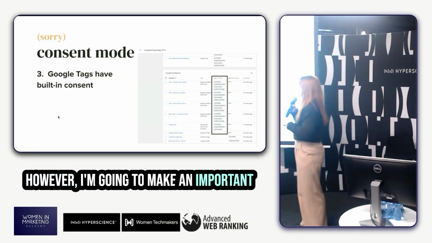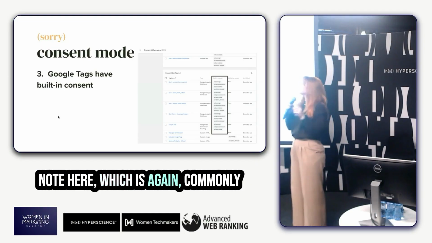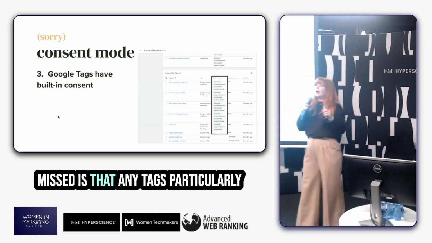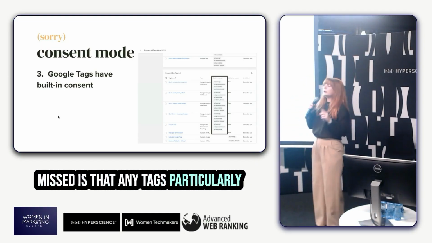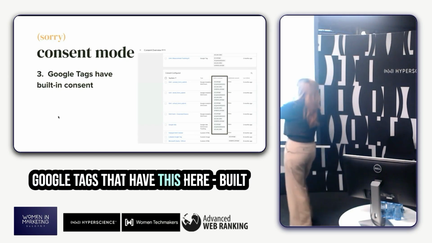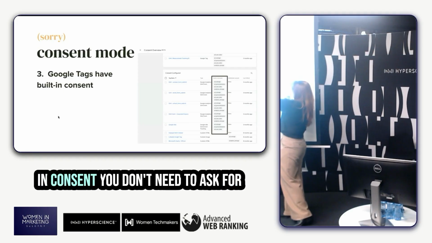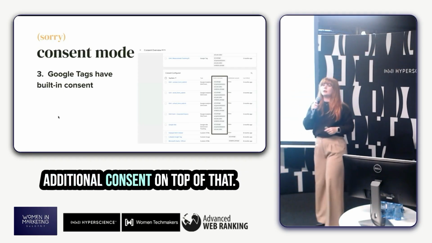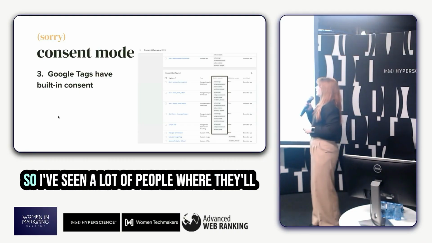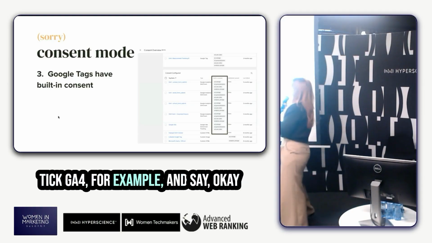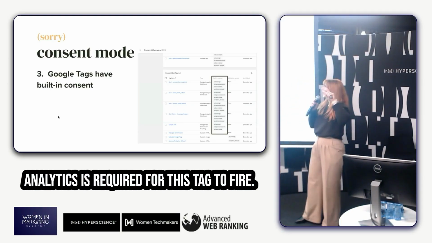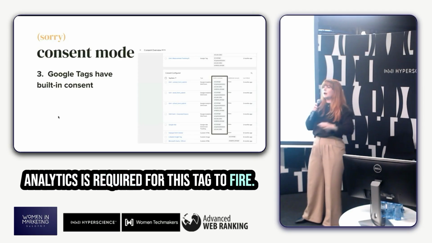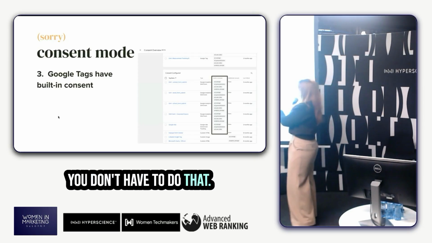However, I'm going to make an important note here, which is, again, commonly missed, that any tags, particularly Google tags, that have built-in consent, you don't need to ask for additional consent on top of that. I've seen a lot of people where they'll tick GA4, for example, and say, okay, analytics is required for this tag to fire. You don't have to do that.